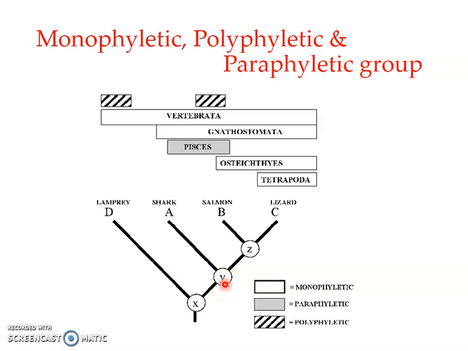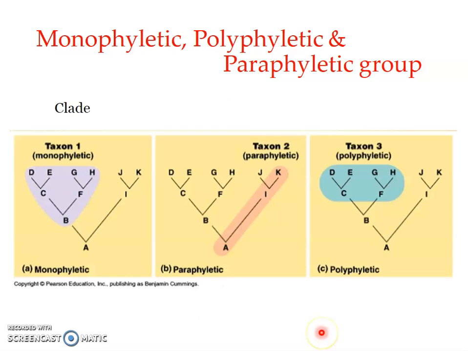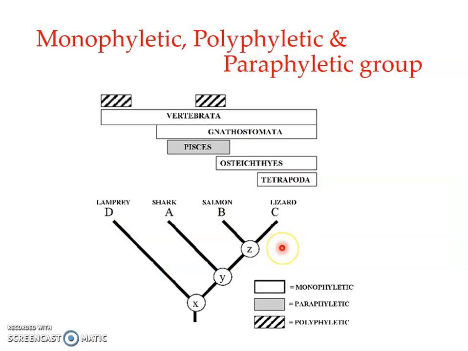Now the next one is polyphyletic. Here we are not taking the common ancestor. We have a group of members, but these members don't have a common ancestor. That is polyphyletic. So we can see the polyphyletic here. Here you can see we are taking an ancestor here, right?